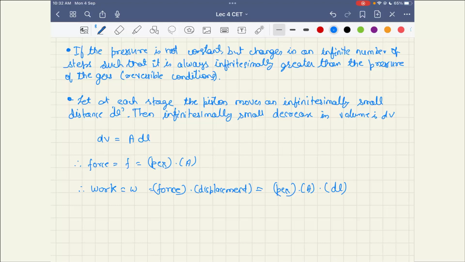But what is A dl? A dl is nothing but the change in volume, so P external into dV. This is nothing but dW.